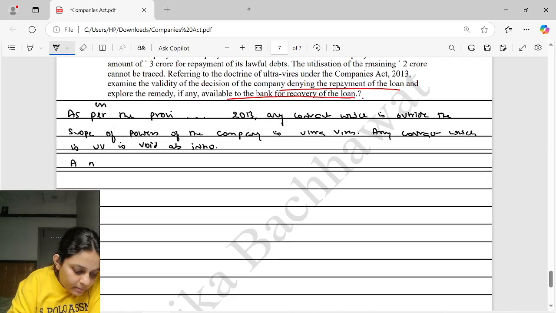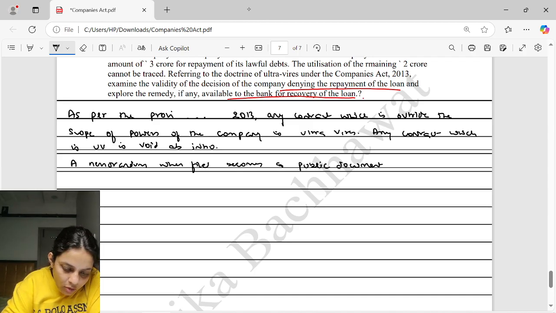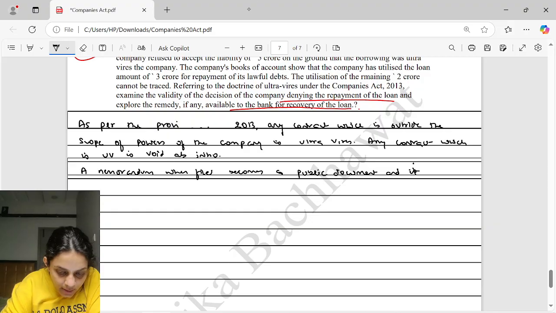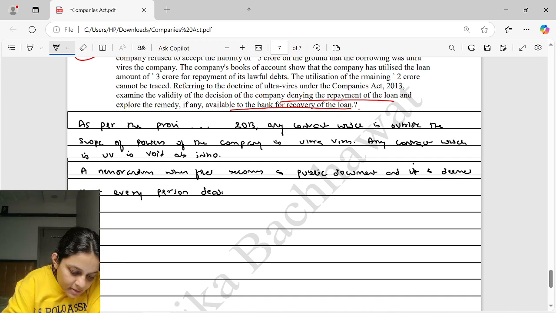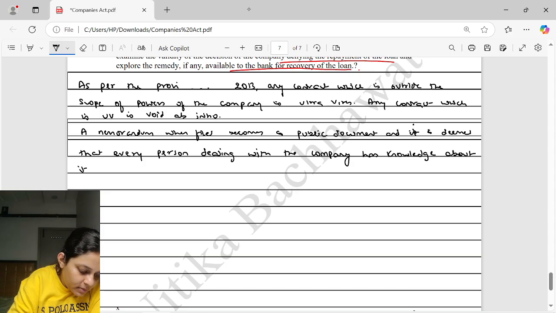A memorandum, when filed, becomes a public document and it is deemed that every person dealing with the company has knowledge about it.